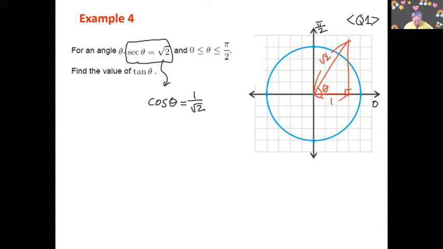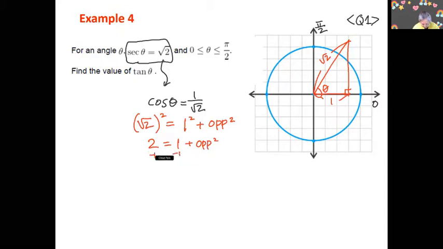Then we have to figure out the opposite. How do we find it? We can utilize the Pythagorean theorem. The hypotenuse is square root of 2, squared, and one leg is 1 squared, and then the opposite squared. So square root of 2 squared is 2, which is 1 plus opposite squared.